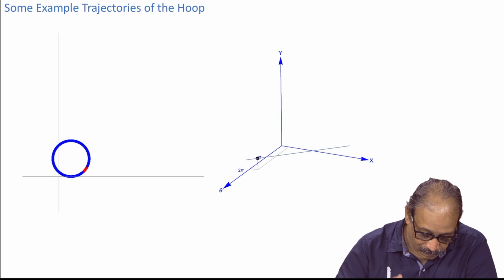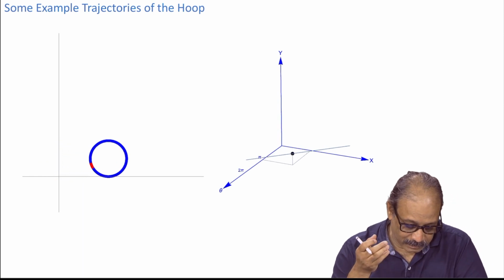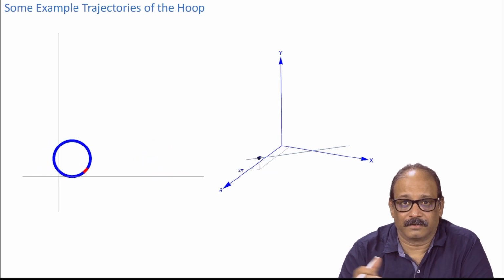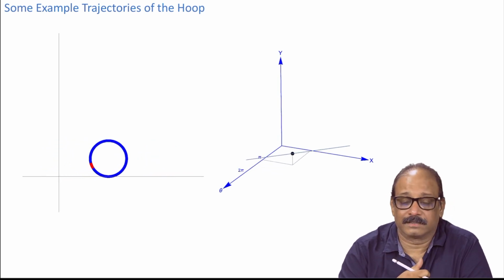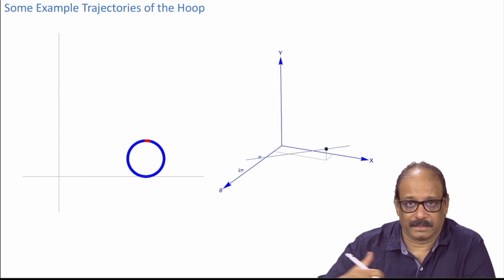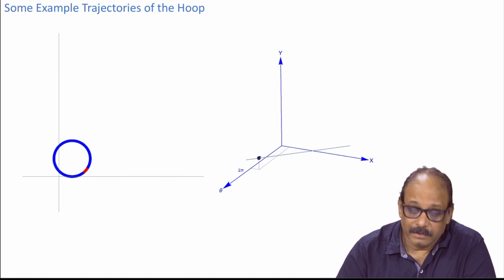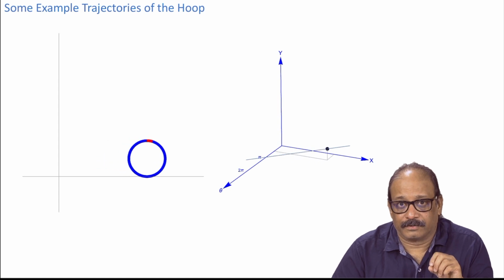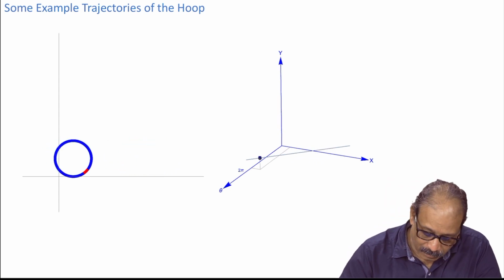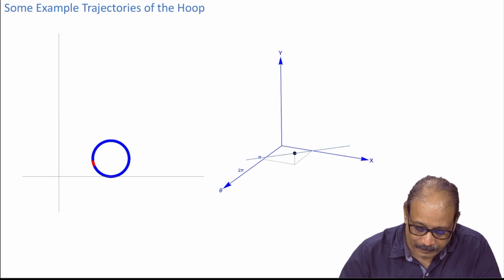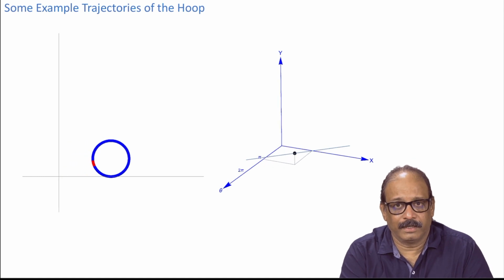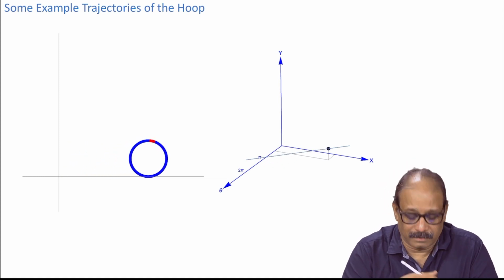One of them could be, as you can see, a simple rolling of the hoop on the surface. Okay. In this case, that surface is actually a line which is the x axis, and look at its trajectory in configuration space. In configuration space, of course, theta changes from 2 pi to 0 as the x coordinate increases, and in this particular rolling, of course, the y coordinate is fixed.